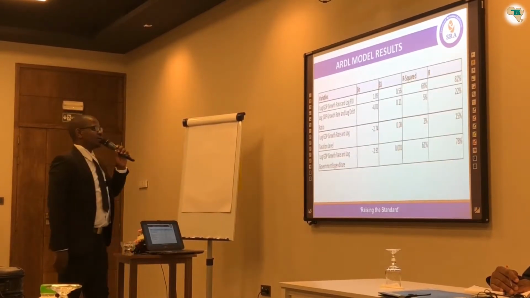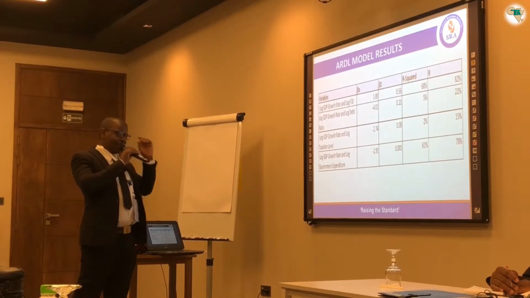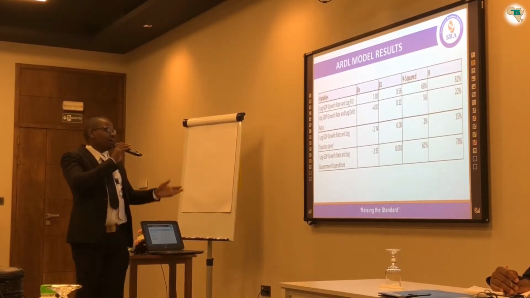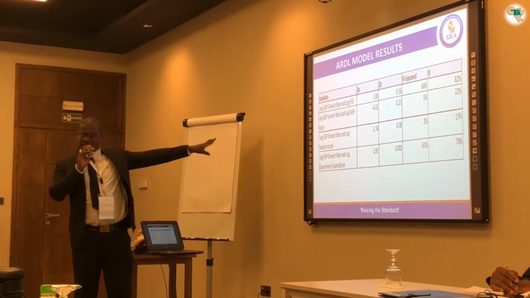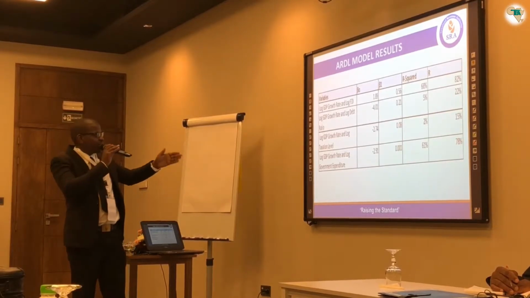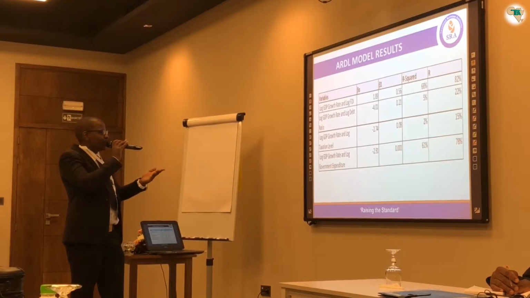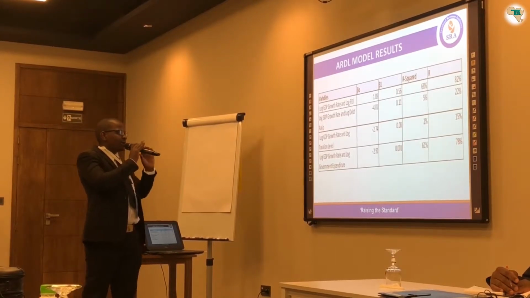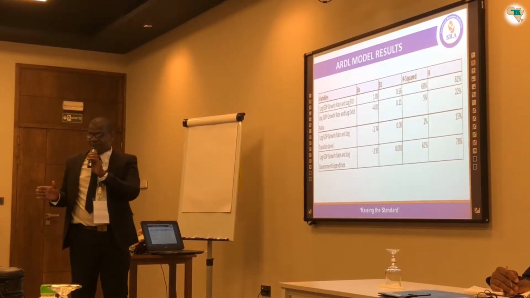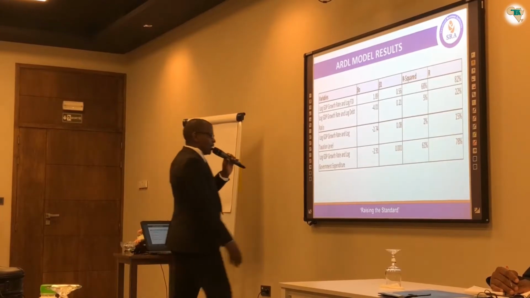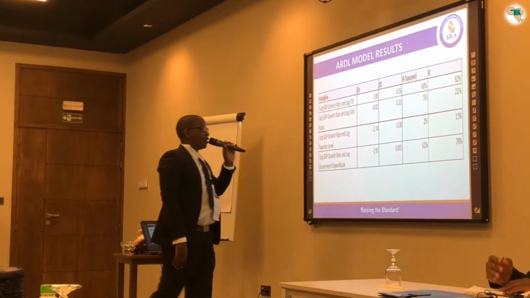So the results for the ARDL model were as follows. These are basically the short-run coefficients. As you can see from the model, all the variables in the short run have a positive effect on economic growth, looking at the coefficient.